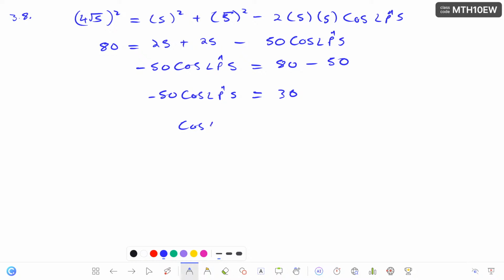So cos LPS is going to be 30 divided by negative 50, which is the same as negative 3 over 5. So LPS is going to be cos inverse of negative 3 over 5.